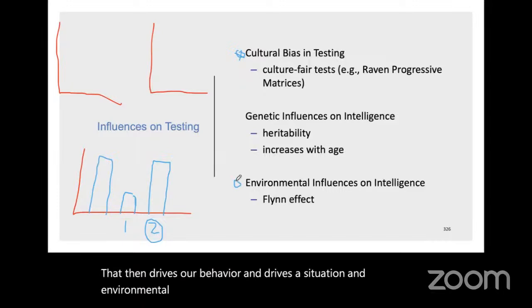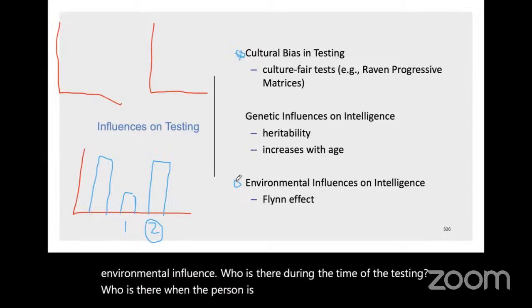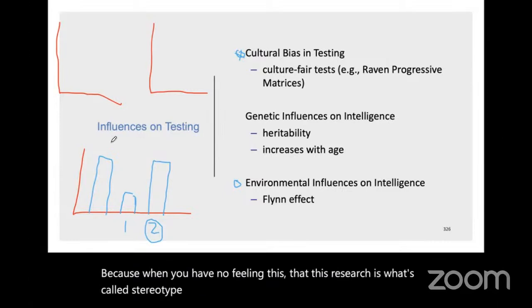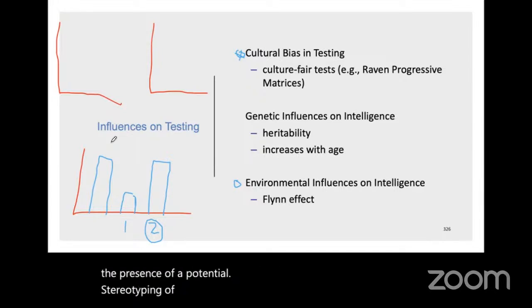Who is there during the time of the testing? Who is there when the person is going through this cognitive task? This research is what's called stereotype threat research, where we test people's performance in the presence of a potential stereotyping of that individual, okay?